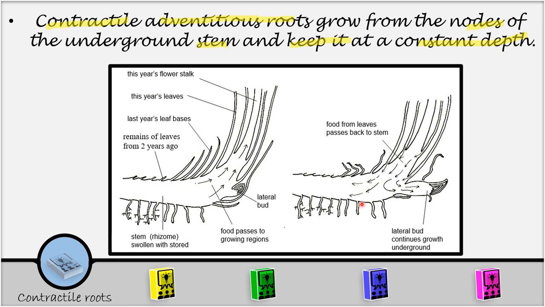These roots are the ones that are going to maintain the stem at a constant depth so that it does not move out of the ground. It is the contractile and adventitious roots which are going to maintain the rhizome under the ground.